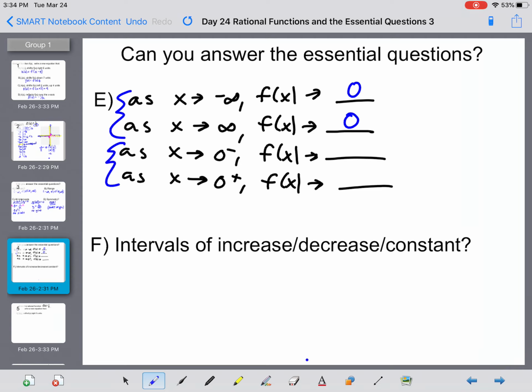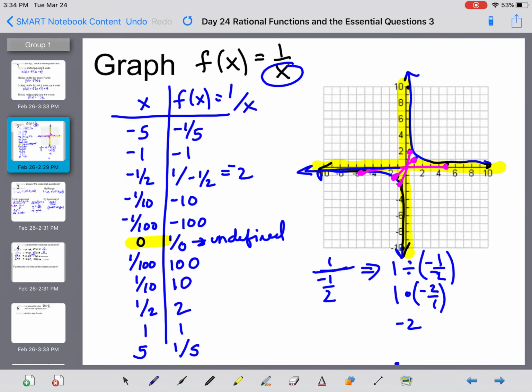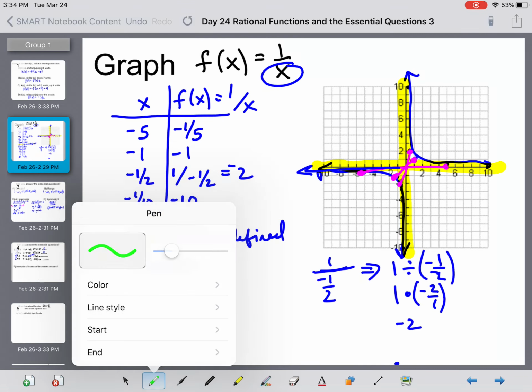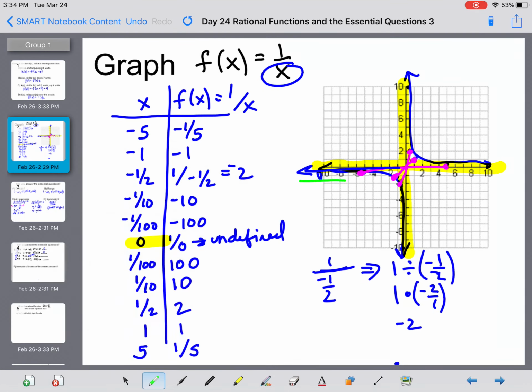These next two are a little bit different, so I have some new notation here. So this third one down, as x approaches 0, and we have this little superscript with a negative sign right here, that means 0 from the left. So as I come over here and I'm looking at my graph, as x approaches 0 from the left, as my x value gets really, really, really close to 0, what is y doing? Well, look at what my y value is doing down here.